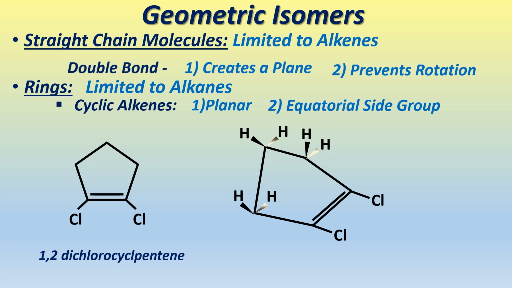However, carbons 1 and 2 with the double bond each only have 3 substituents, which means the 2 chlorines are facing the same direction and can't oppose each other. There's no option as to which way they're going to face. On the other hand, you have those chlorines that, once again, are equatorial at all times. There's no option for another isomer.